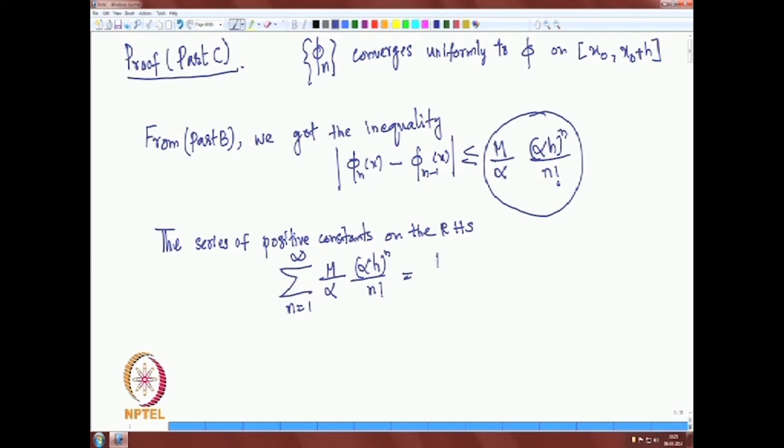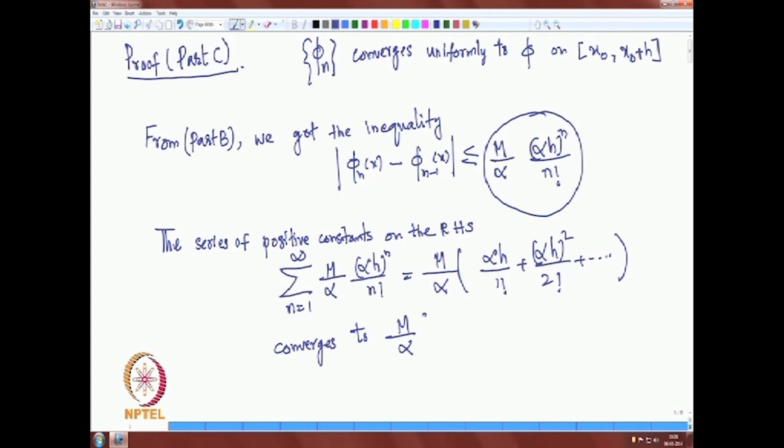So, which is M by alpha times alpha h by 1 factorial plus (alpha h) square by 2 factorial plus etc. So, this converges to M by alpha times (e to the power alpha h minus 1).